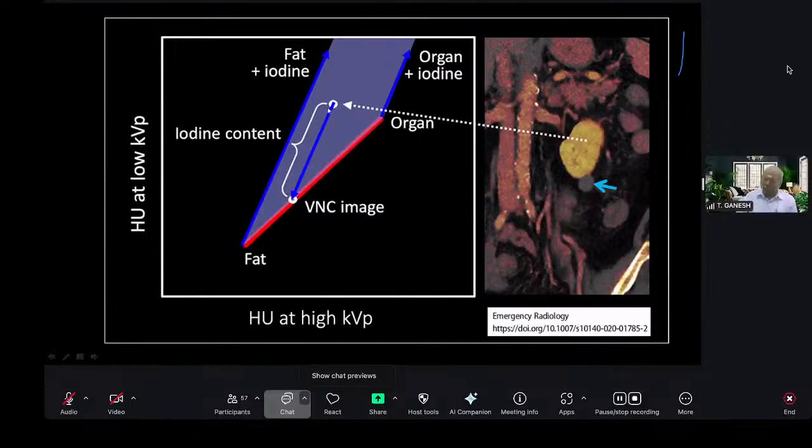And if we back project onto this organ, we can get the virtual non-contrast image. So this is how the virtual non-contrast image is produced. There is some amount of iodine there. We put it here, and after placing it here, we just back project it along this known slope to find out how it will look in the absence of contrast.